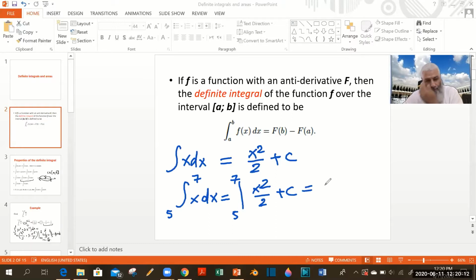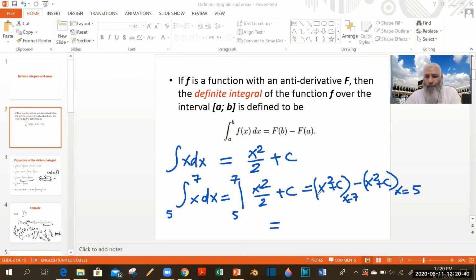So this is x squared plus c, evaluated at x equals 7 minus x squared plus c at x equals 5.